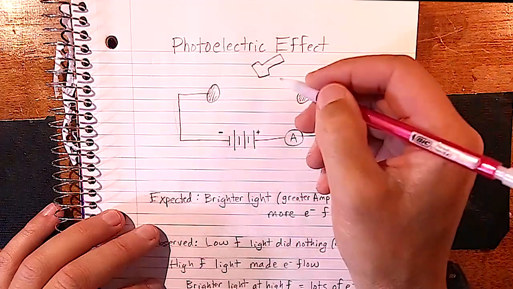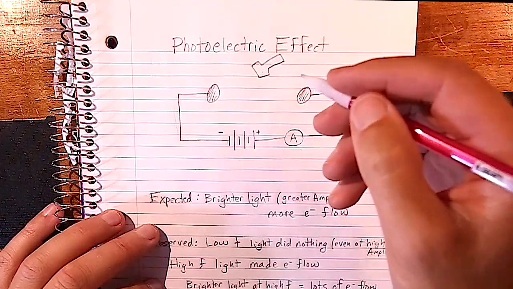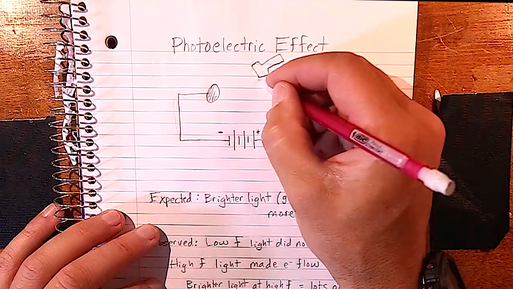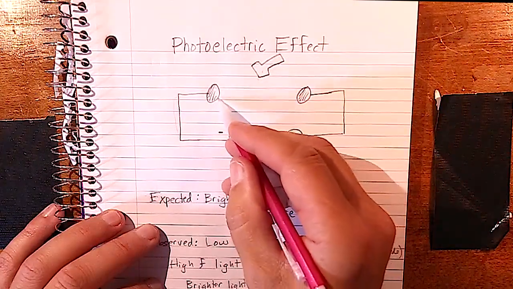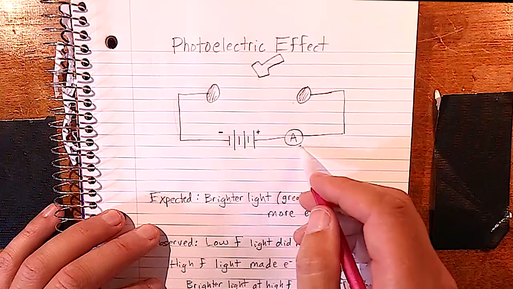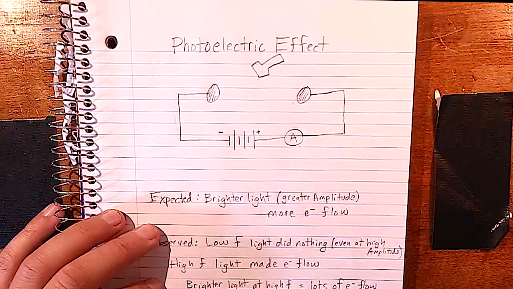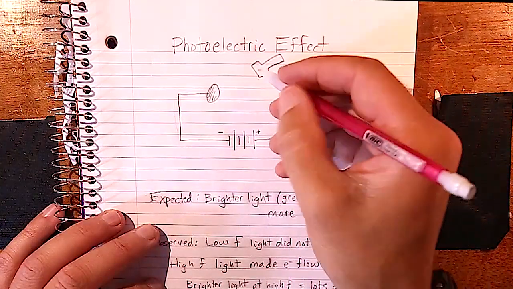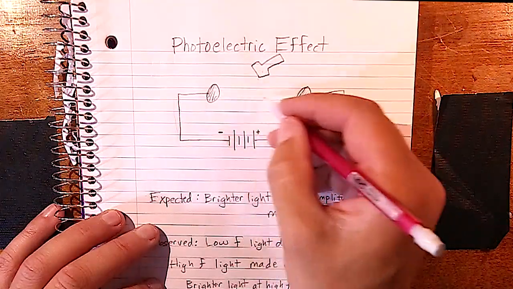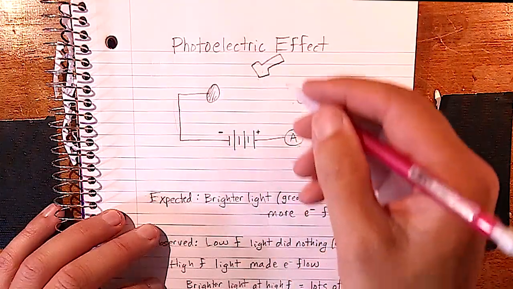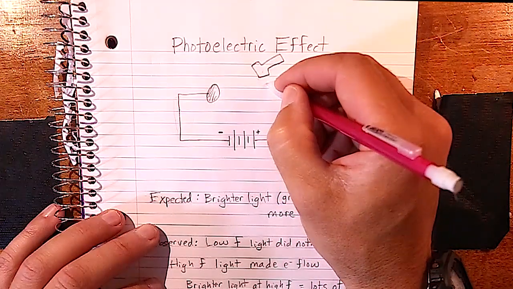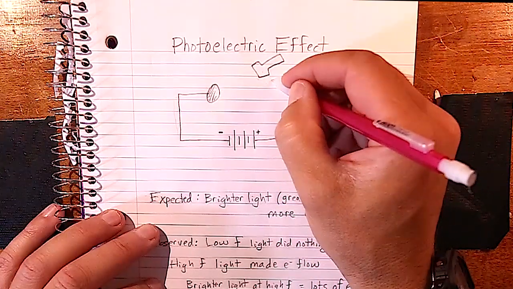So what they expect to have happen is if they turn up the amplitude, if they make the light brighter, it'll have more energy and knock the electrons off, and they'll start to flow, and we'll get a reading in the ammeter. But it didn't happen. When this got brighter, no electrons came off at all.